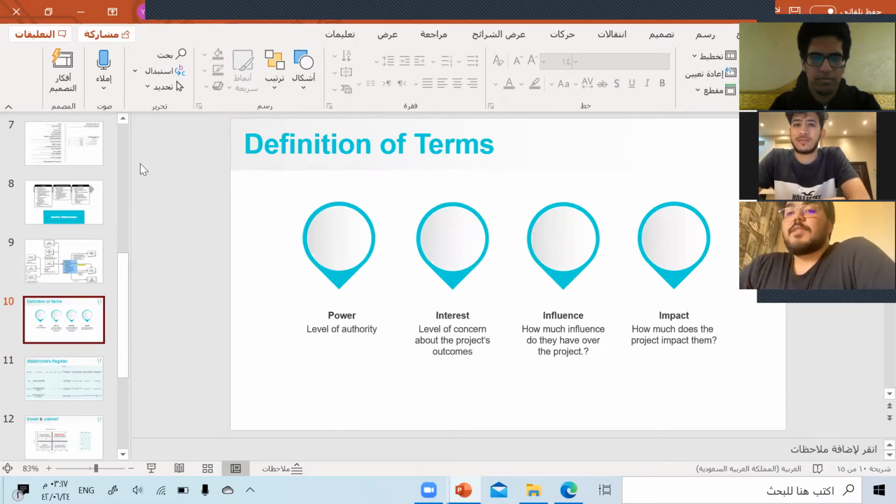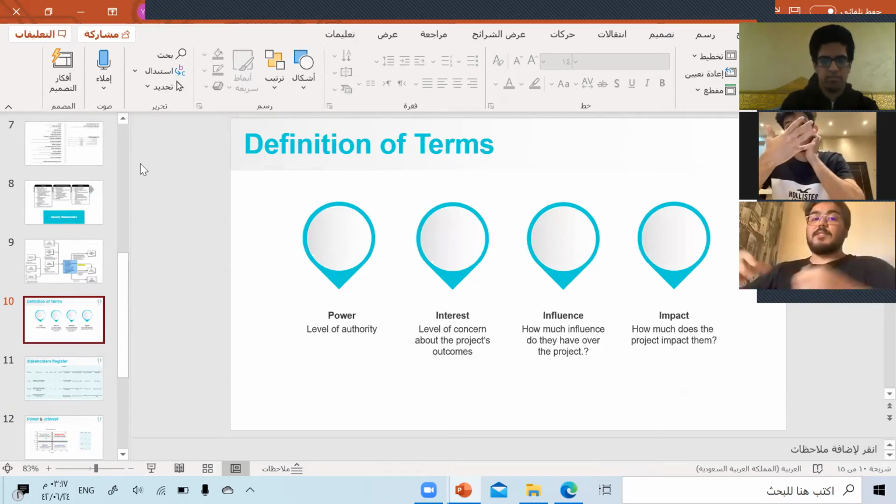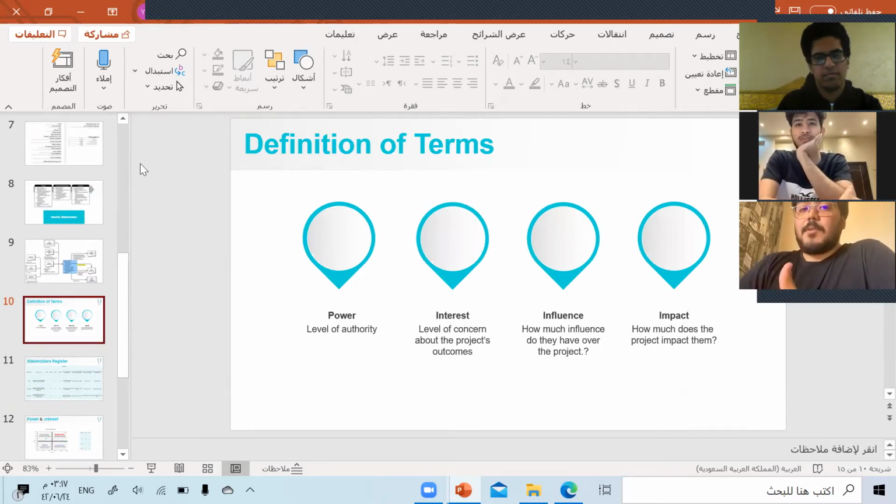Okay, definition of terms. For the stakeholders, we should know how much power, interest, influence, and impact they have. The first term is power, which is the level of authority that the stakeholder has.